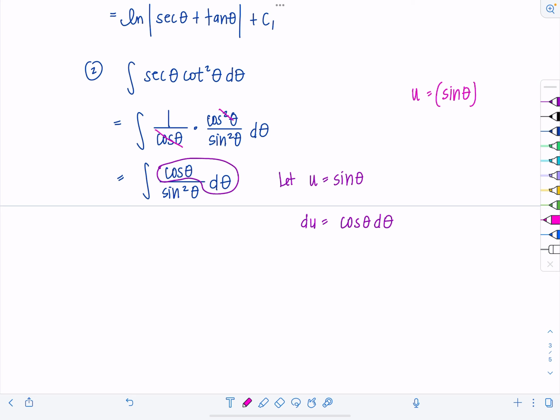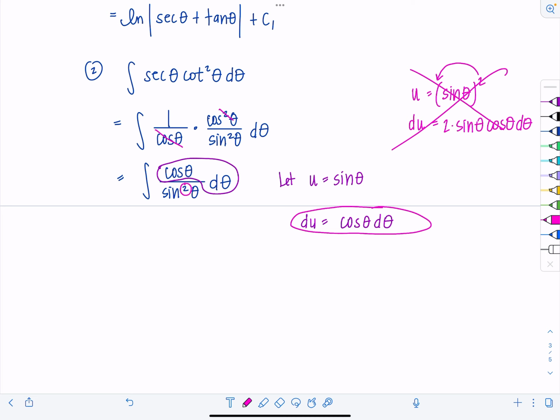Because when you differentiate it to find du, you have to use the chain rule. So it would be 2 sine theta cosine theta d theta, which we don't have. Bad choice. So typically when you u sub for these trig functions, don't put the exponent in. You're just going to have u squared in the denominator, which is no big deal. But look how nice and clean du is now, right?